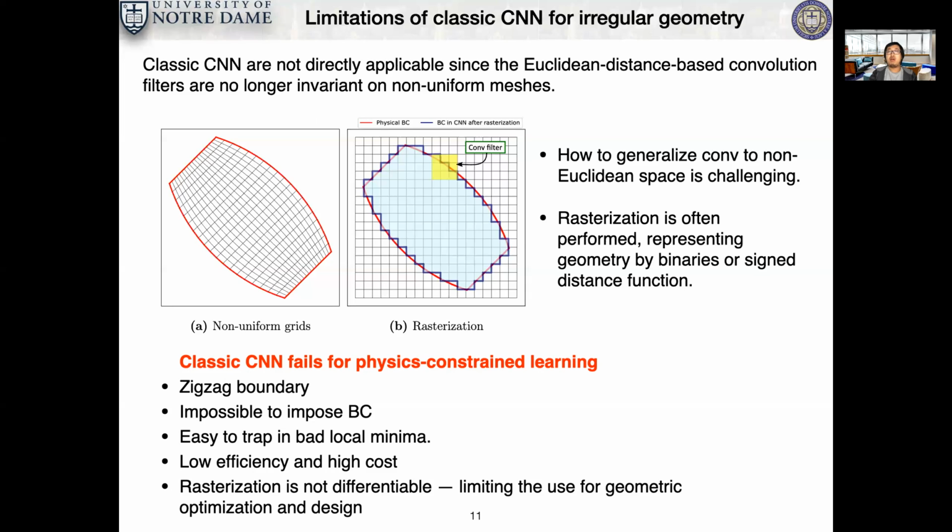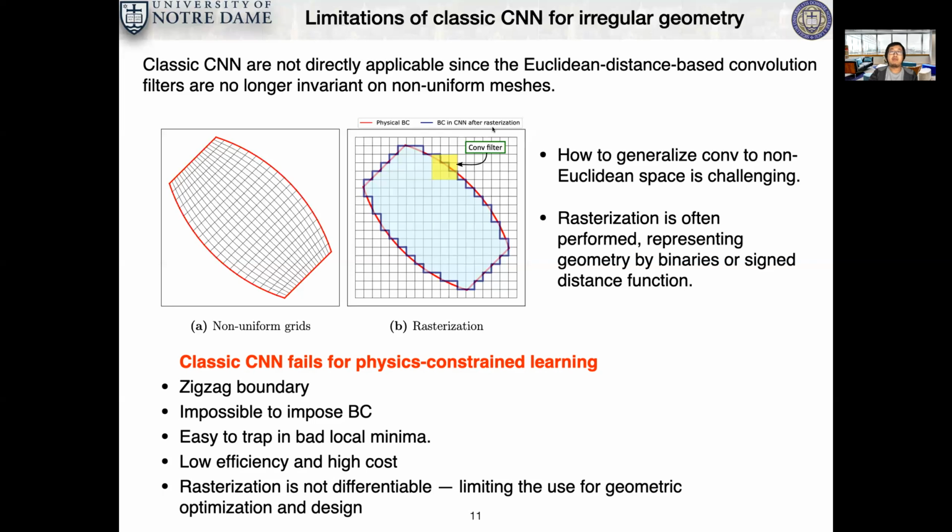Moreover, when the shape of the physical domain, like this blue region, is far from the corresponding rectangular envelope, the artifacts introduced from the background regions may complicate the training process and make the optimization easier to trap in a bad local minimum.